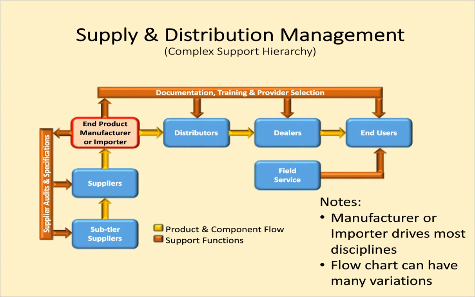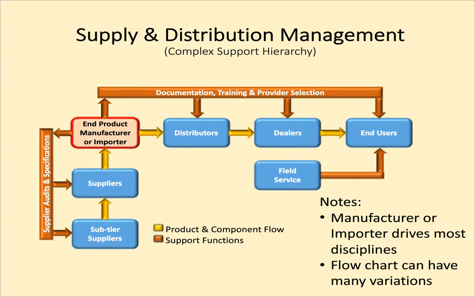Okay, the supply and distribution management conducted by the end product manufacturer is one of the more complex and critical sets of operations that are associated with an end product. An end product manufacturer will receive assemblies and components from suppliers and sub-tier suppliers so that they can assemble and create the final product that goes out to the customer as an end product.